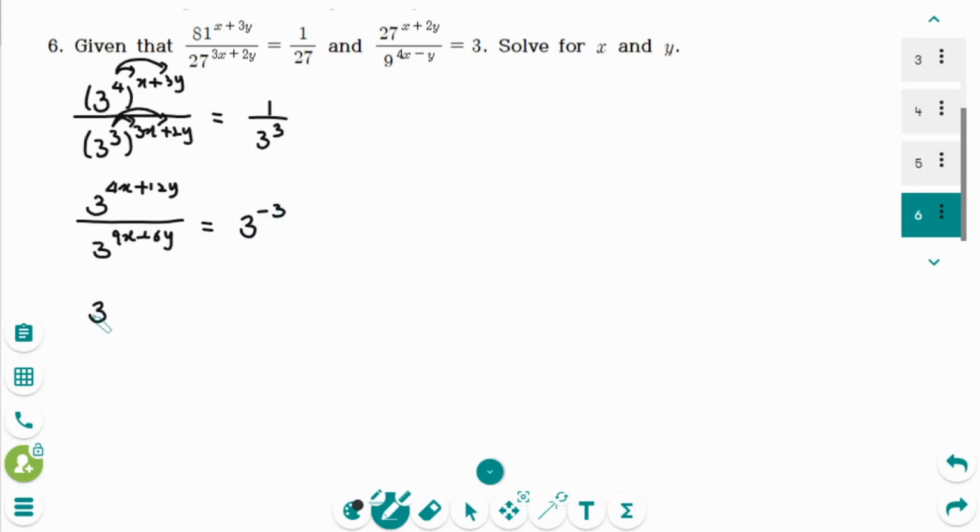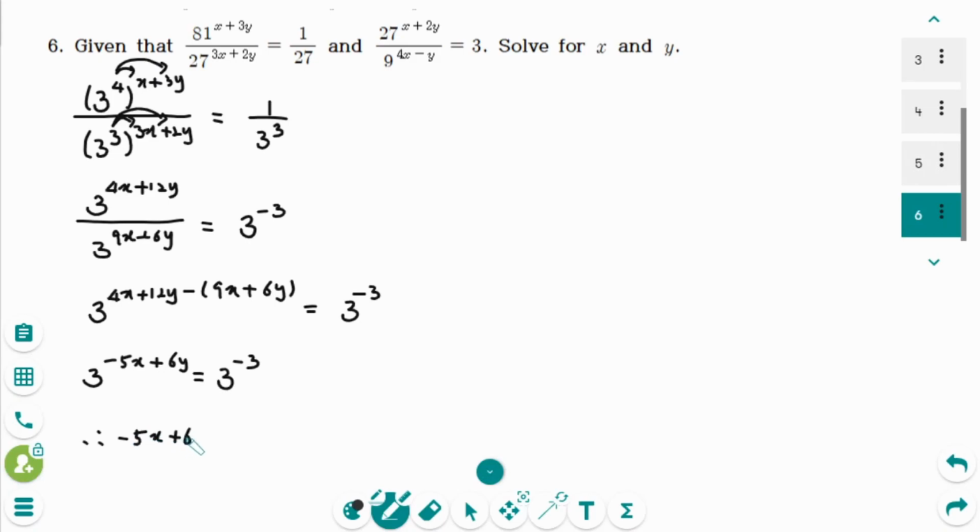Then 3 to the power of 4x plus 12y minus 9x plus 6y equals 3 to the power of minus 3. Then 3 to the power of minus 5x plus 18y equals 3 to the power of minus 3. Therefore, minus 5x plus 6y equals minus 3.